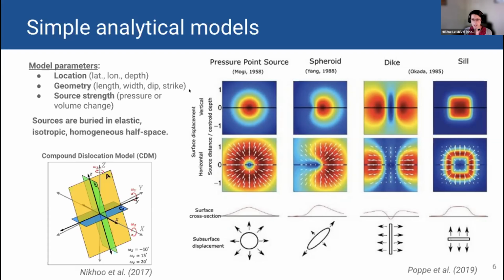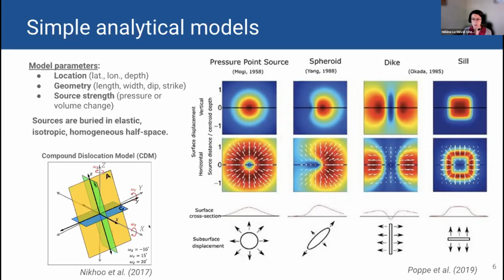On the right, we see 3 different types of sources: the pressure point source solution from Mogi, the pressurized spheroid solution from Yang, and the Okada solution, which models tensile cracks and can be used to model dikes or sills by prescribing a uniform opening on the surface.